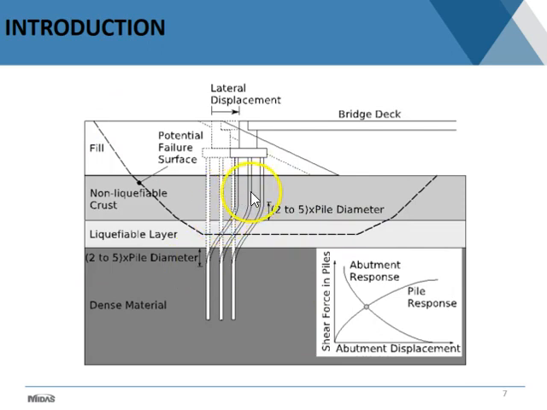For this simplified approach, you need the piles to go down and get embedded into non-liquefiable material. If you keep on going, having liquefiable layers, procedures like this are a little bit harder to implement, I would say.